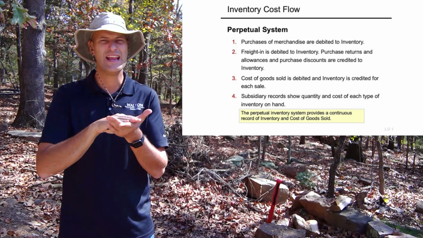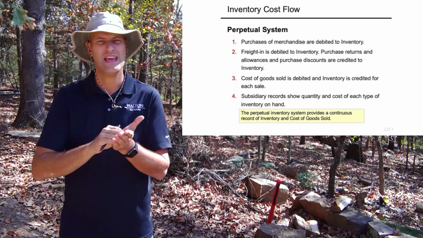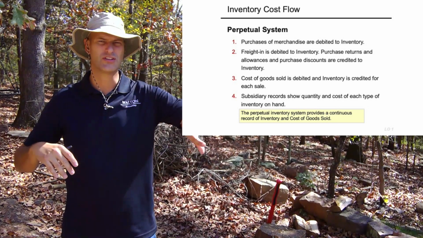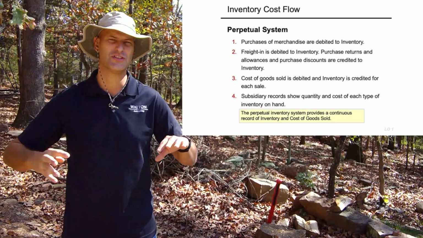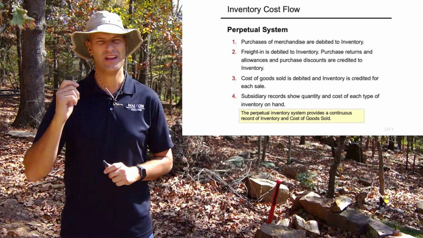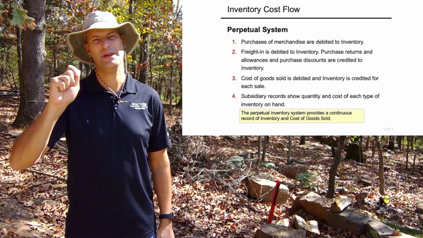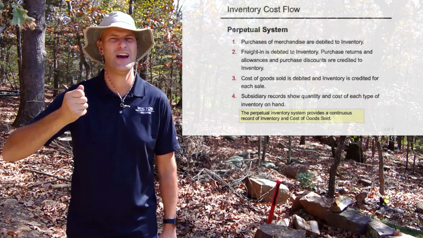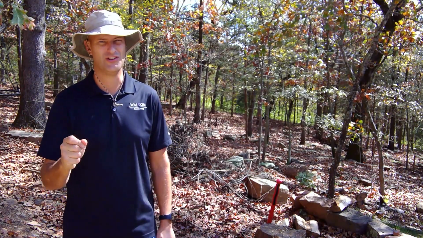So for every sale, we debit cost of goods sold and we credit inventory. So we're taking it out of inventory and sending it through cost of goods sold. And we do that every single time a transaction happens. So our inventory account is basically a big flow account, which has stuff flowing into it and flowing out of it in the accounting records.